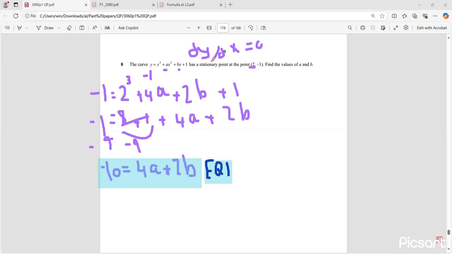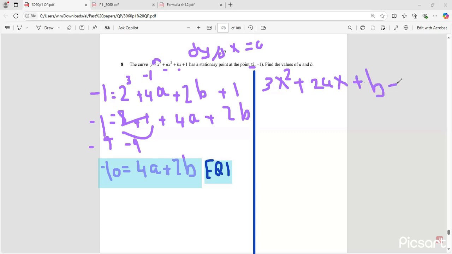Next we are going to take the derivative of this equation. The derivative is 3x squared, kicking the power down, plus 2ax plus b, all that equals 0 when x equals 2.